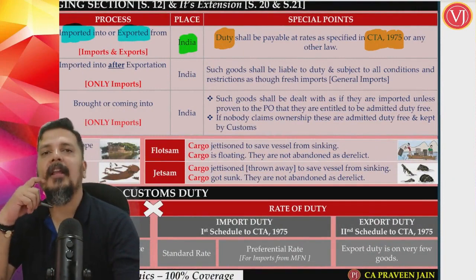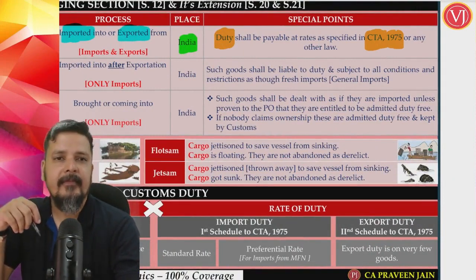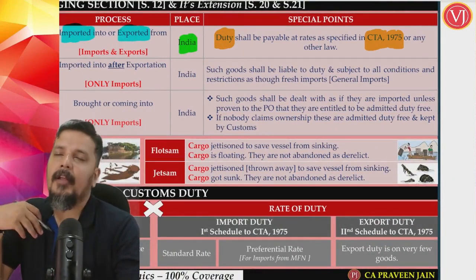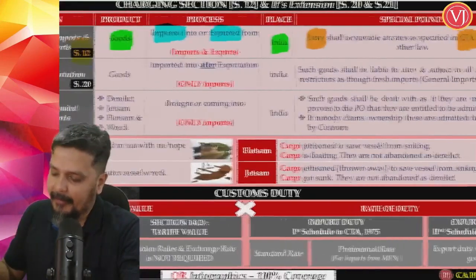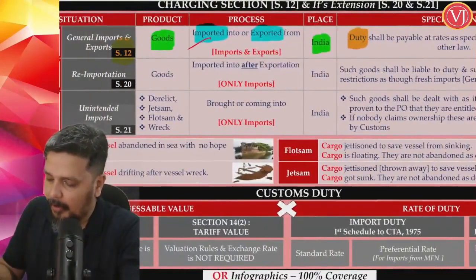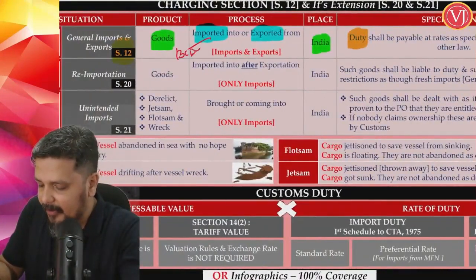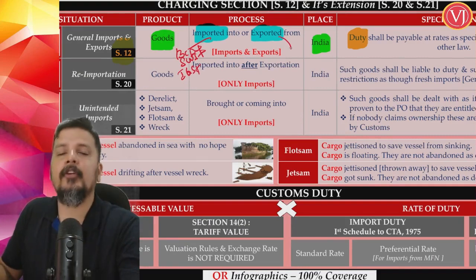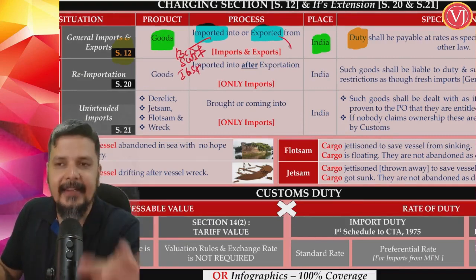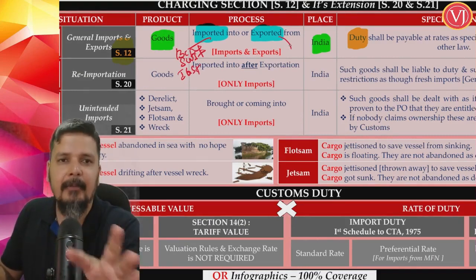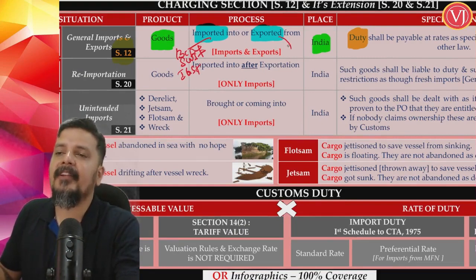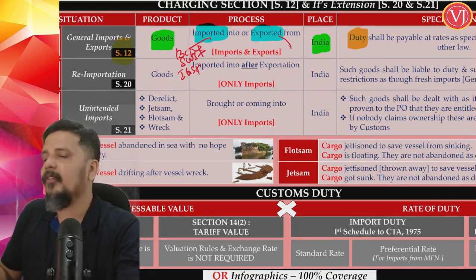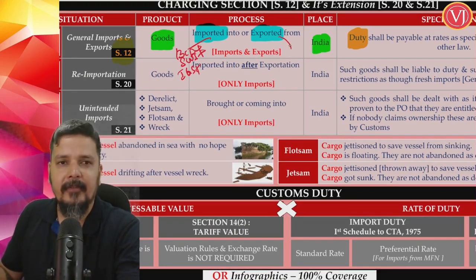What is the normal duty that you end up paying? If it is import duty, as we have been discussing for a long time, it is BCD plus SWS plus IGST. Export duty is very rare, but there. The concept is destination based consumption tax, so normally there will not be any export duty.